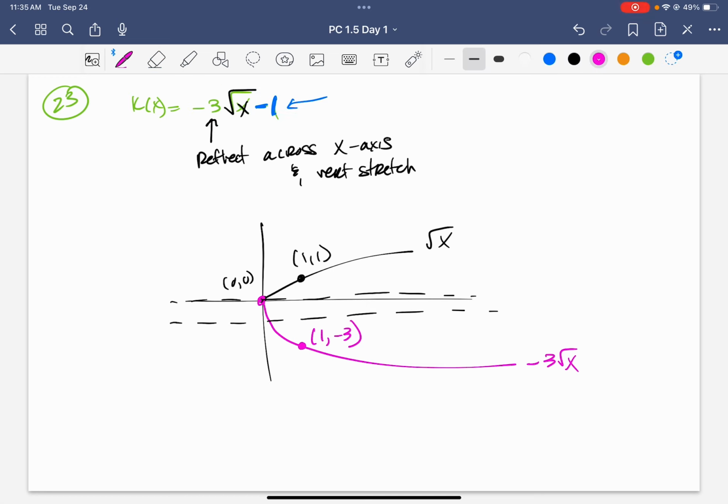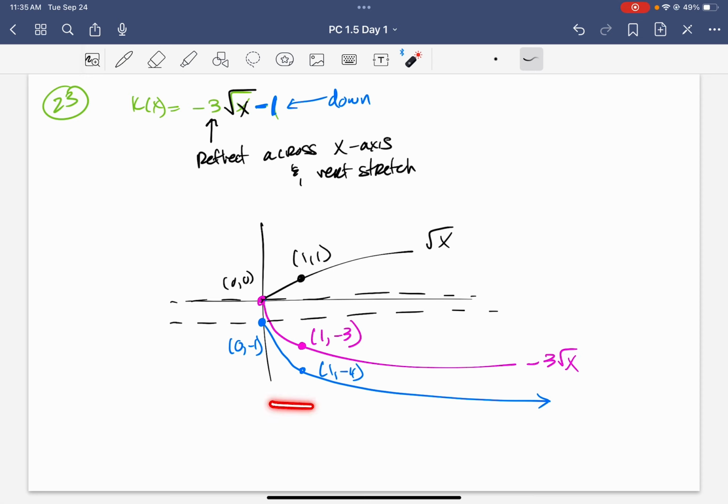So that moves everything down 1. Now instead of 0, 0, I'm down here at 0, negative 1. And instead of being at 1, negative 3, I'm at 1, negative 4. And it looks something like this. So if you ask me where is this increasing, decreasing, or constant, as I walk from left to right, it looks like it's decreasing on 0 to infinity.